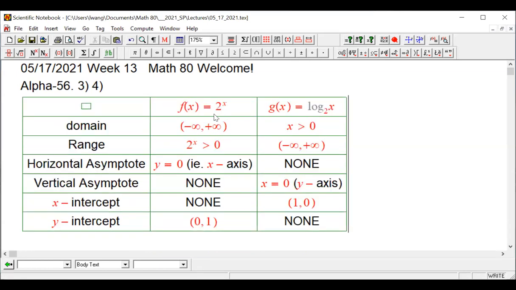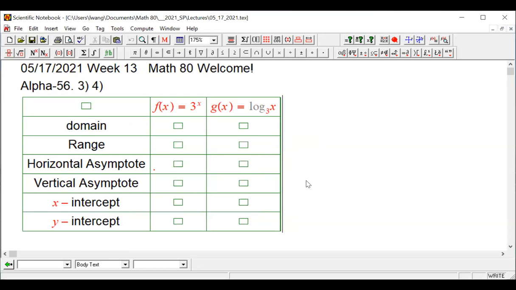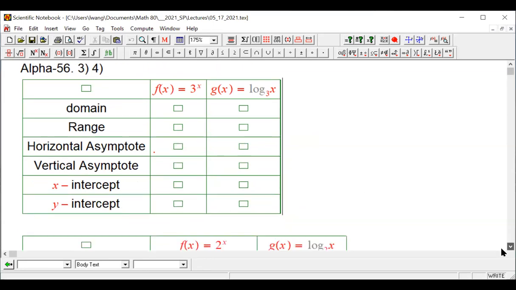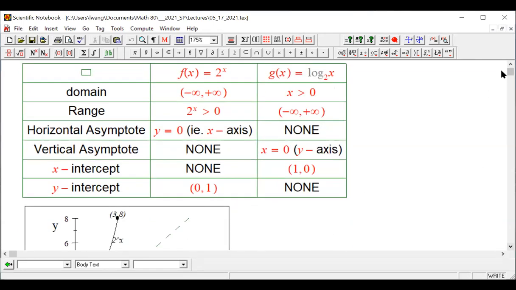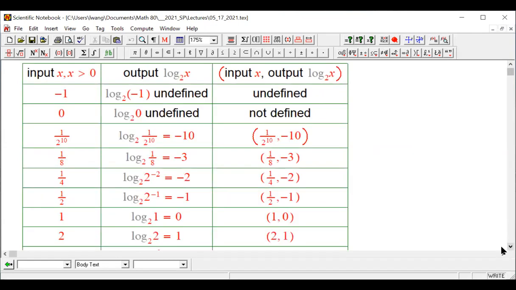Now you guys got to roll up your sleeves. Base 3. All of these have to be redone. I'm going to give you 2 tables, and you're going to draw the graph.